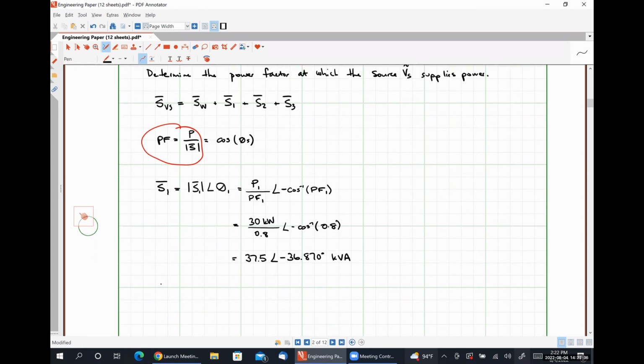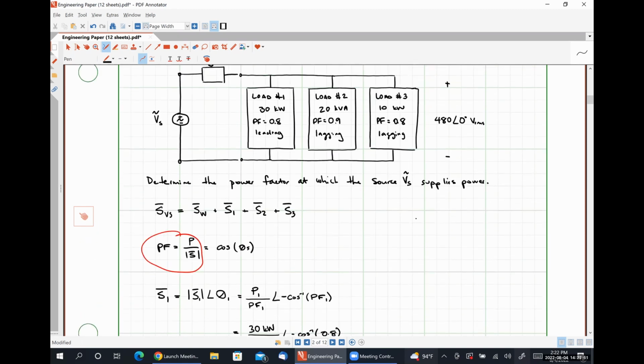So S2 will also be simply the apparent power absorbed by load 2 with an angle of the power factor angle of load 2. If we look up here, we're told that load 2 is absorbing 20 kilovolt amperes of power.